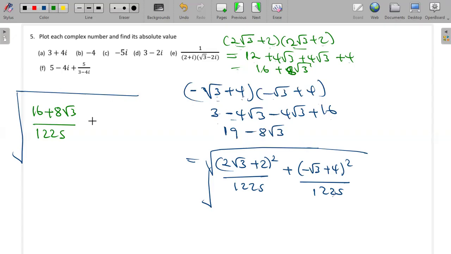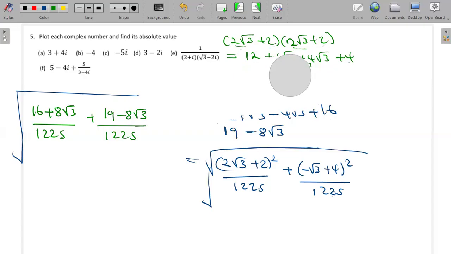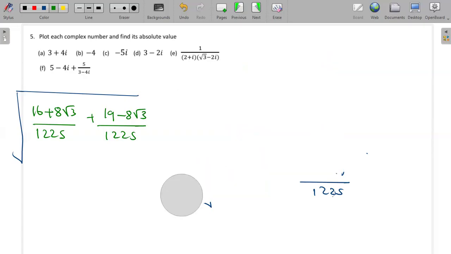So we bring it here: plus 19 minus 8 root 3 over 1225. Let's erase this.